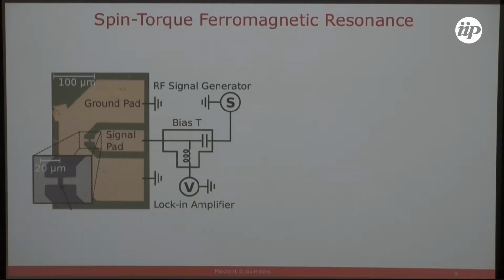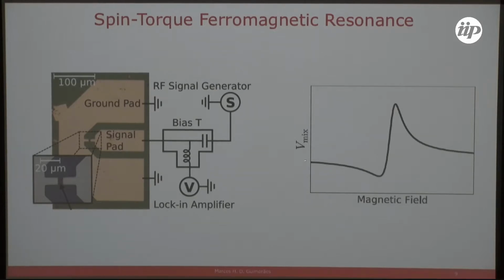And this resonance condition causes a DC voltage on this device that we can detect via a lock-in amplifier, and we get a signal, so the DC voltage as a function of magnetic field. So when we reach the Larmor precession frequency of the ferromagnet, we get this resonance peak.